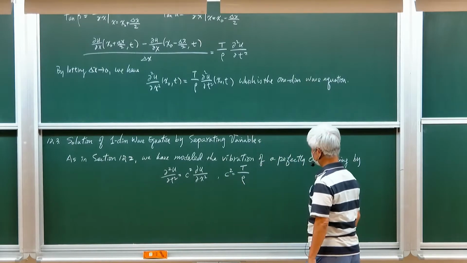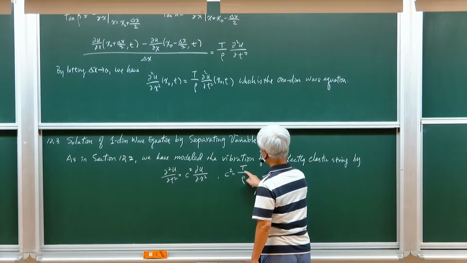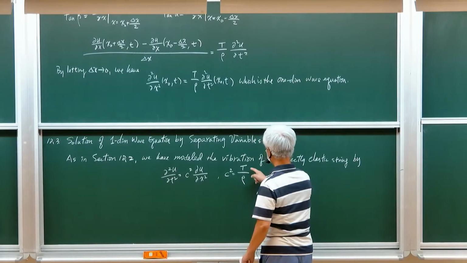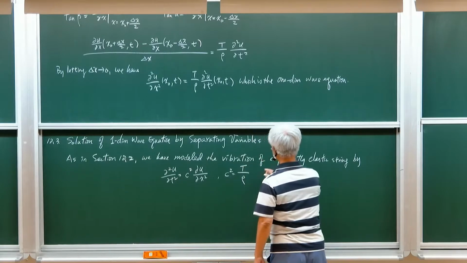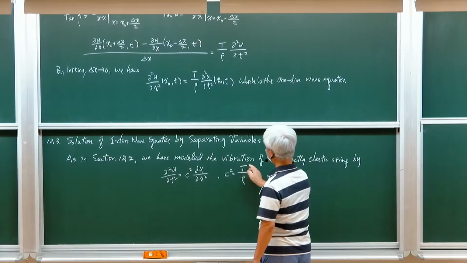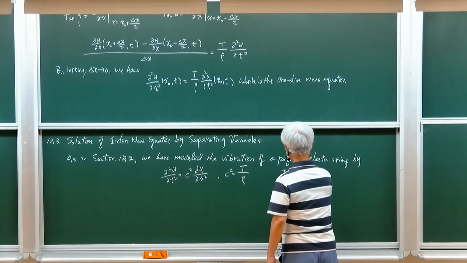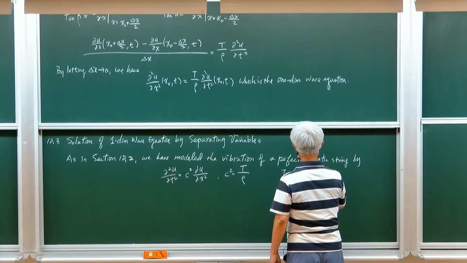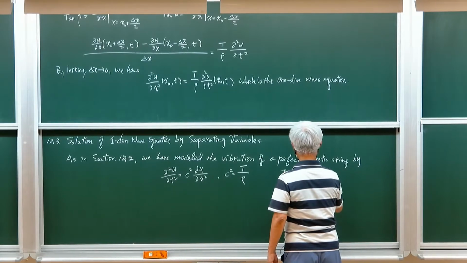The reason is that T, because we look at the dimension. So T's dimension is mass times length divided by square of time.